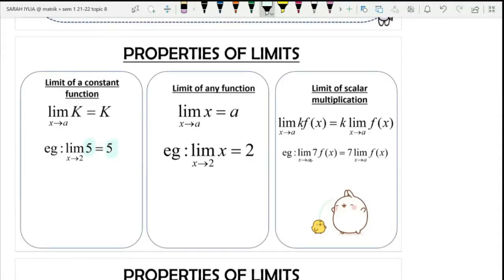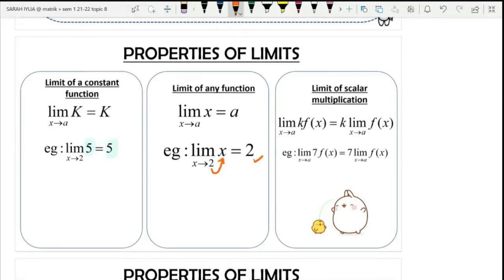Okay. And then the second one, if we have limit of x as x approaches 2, then jawapan dia akan ada 2 juga. Macam mana dia buat? So basically x tu substitute into function. So kalau kita gantikan 2 into the function, dapatlah 2. That will be our answer. Okay. And then next properties is about scalar multiplication.